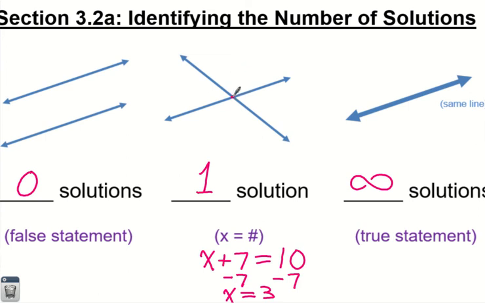They share 1 point in common. And if two lines are actually the same line, then they share an infinite number of points in common.